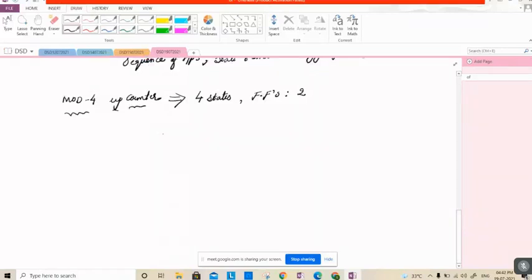Now the 4 states, let those 4 states be in this way. 0 is my present state, then 1 is my next state, next 2, next 3. This is an example of one simple state diagram.